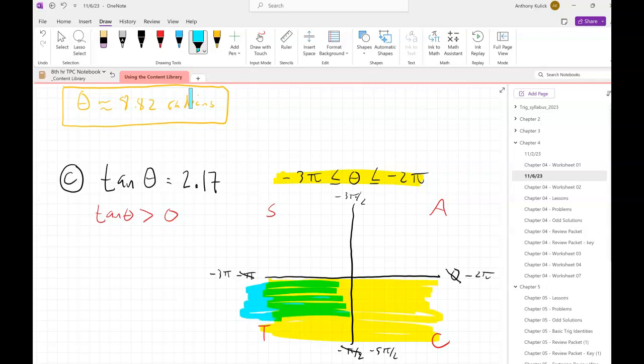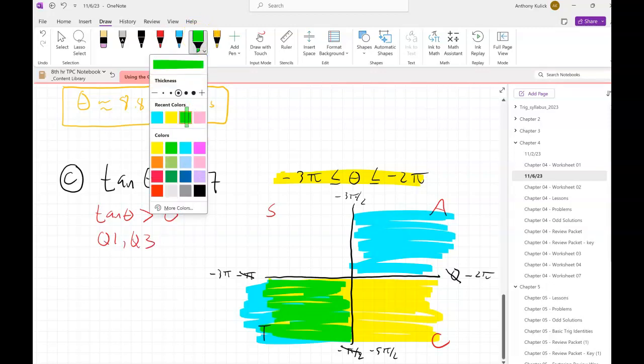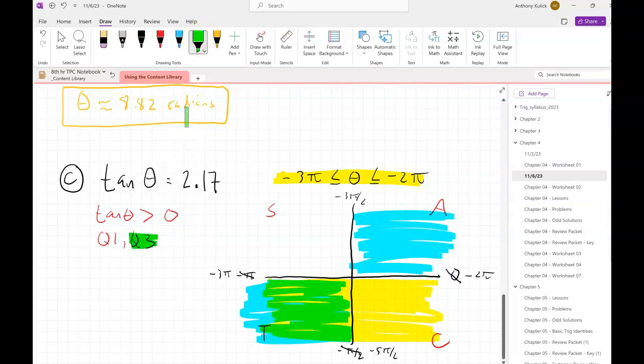Not 4. 1, because what does the A stand for? All of them are positive there. So obviously, where's our answer got to be? Quadrant 3.